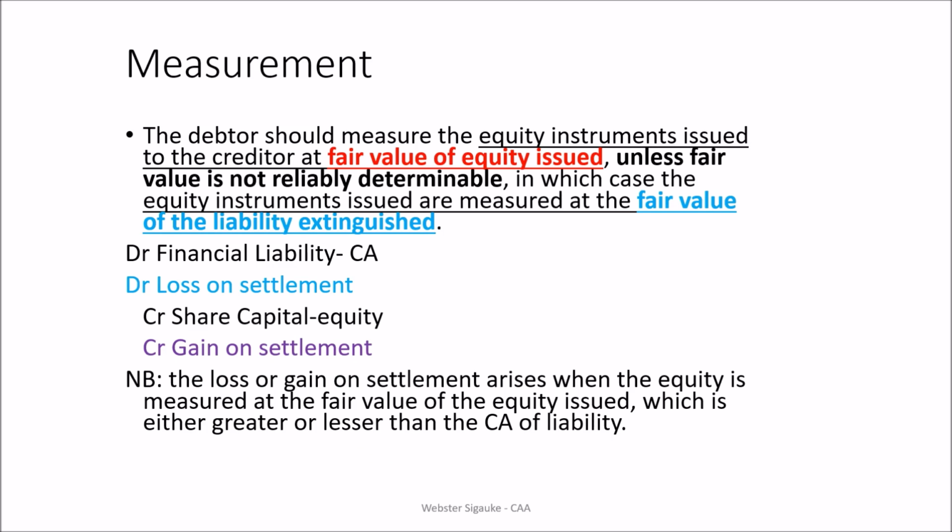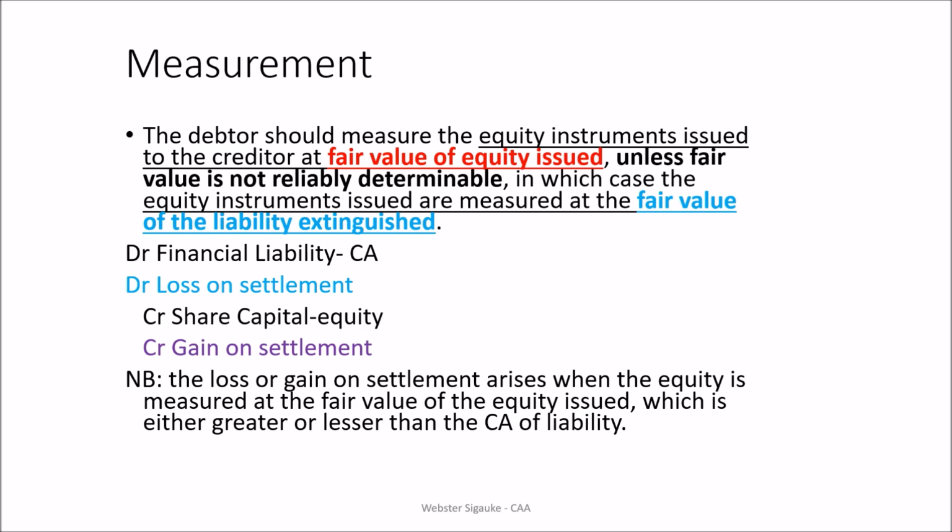So how do you measure those equity instruments? The equity instruments issued are measured at fair value, unless fair value is not readily determinable, in which case the instruments are measured at the fair value of the liability extinguished.